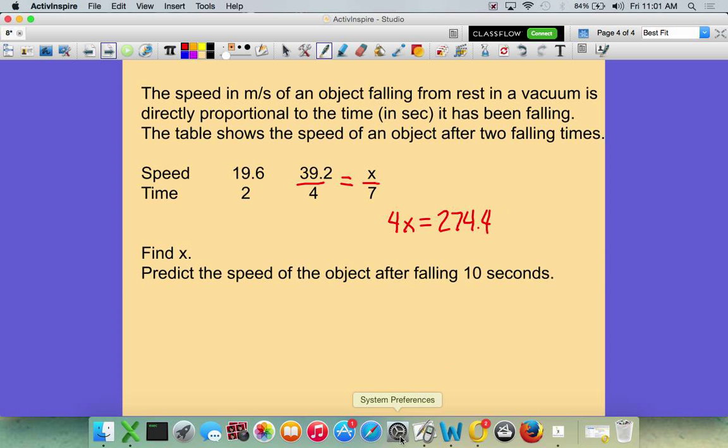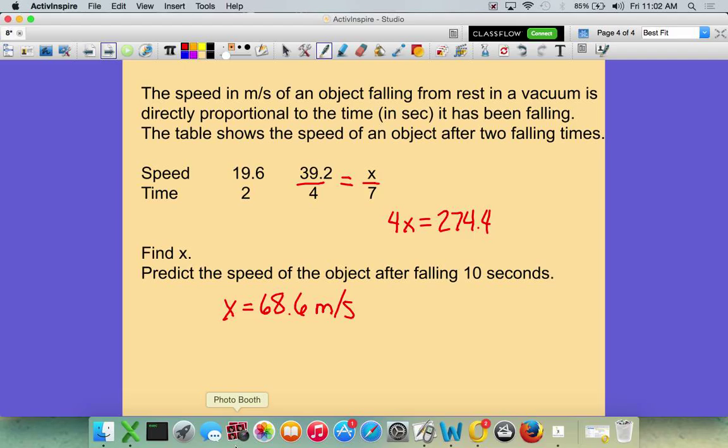Divide that by 4, we get x equals 68.6. Now we need a label on this. What are we talking about? What's our speed? Our speed is meters per second.